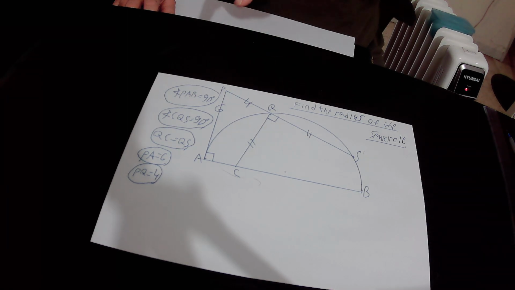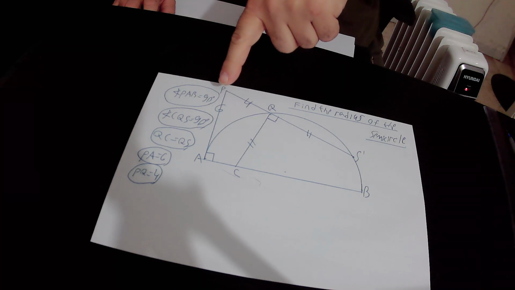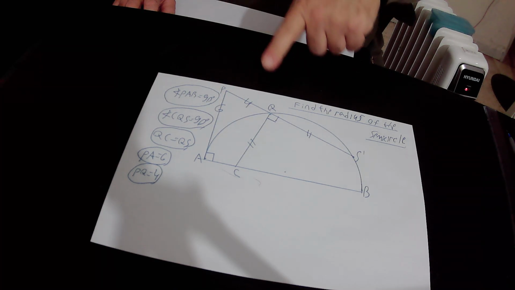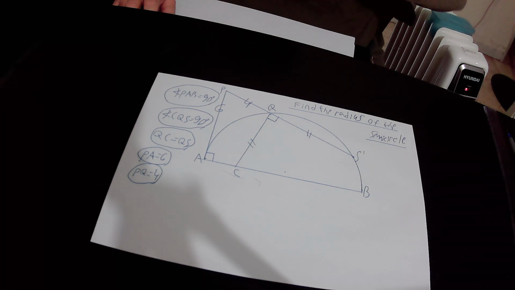In addition, you know that the length of line segment PA equals 6 units. Line segment PQ equals 4 units in length.